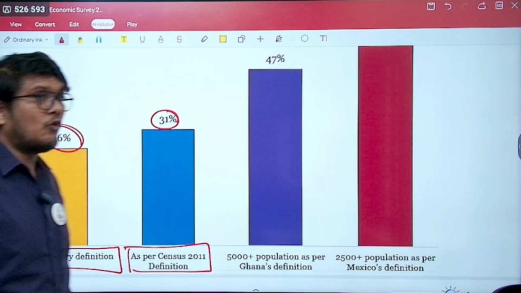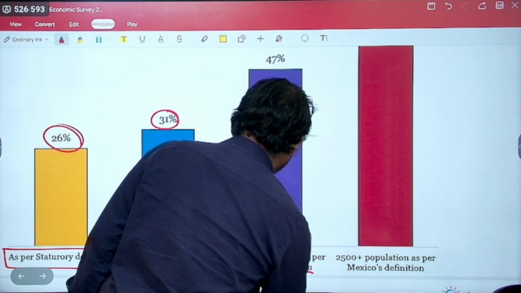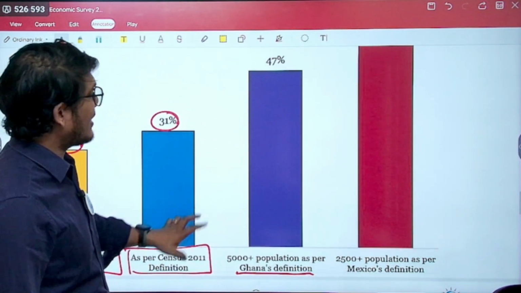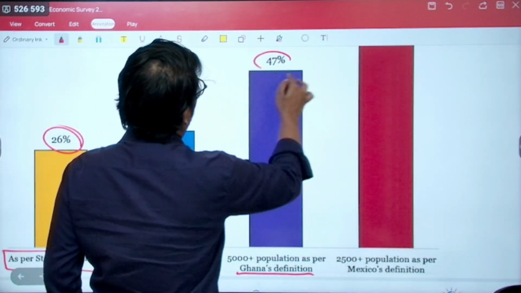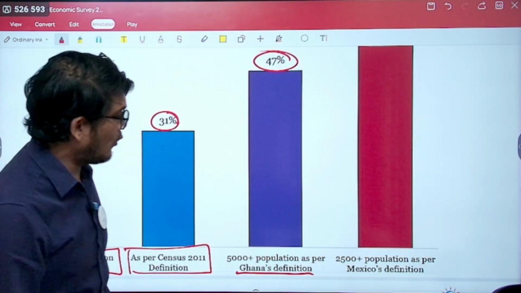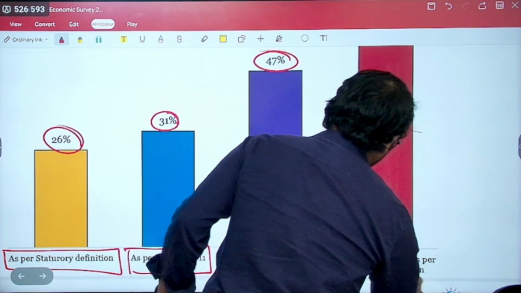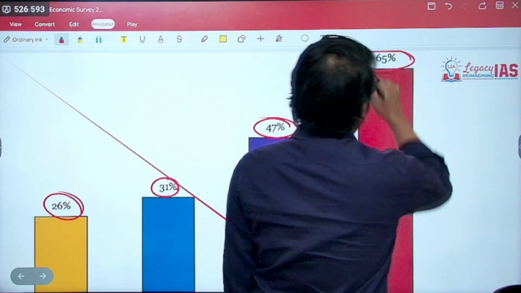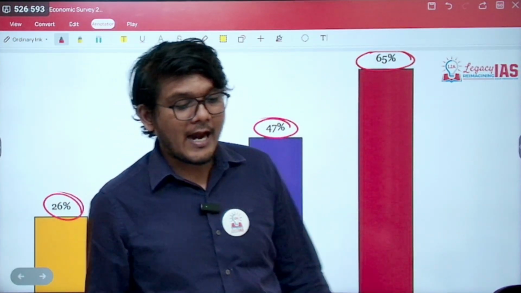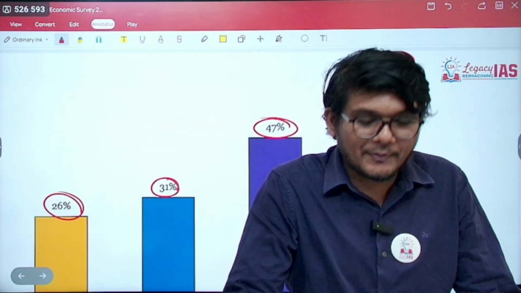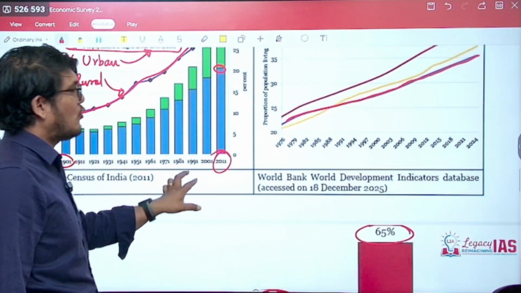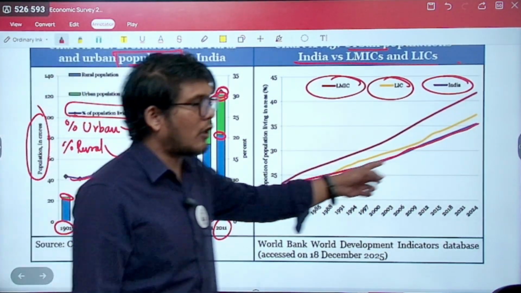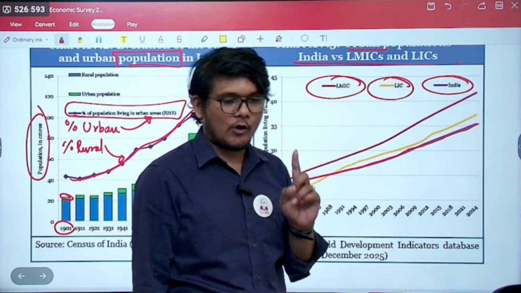But if you look at Ghana's definition, then our urbanization becomes 47%. If you look at Mexico's definition, then our urbanization becomes 65%. So that is why just the percentage which was shown here may not make much sense if you do not look at it in context. I hope that is clear.